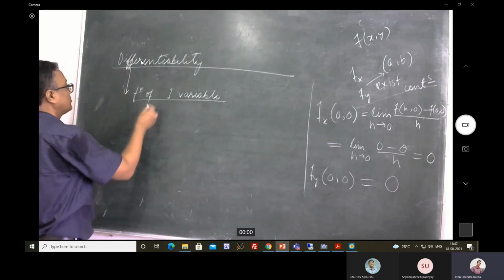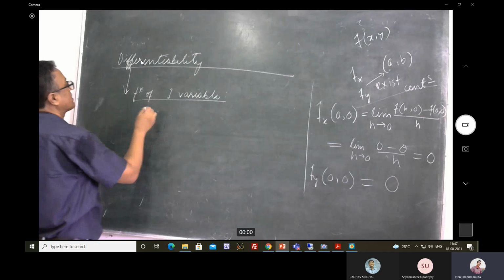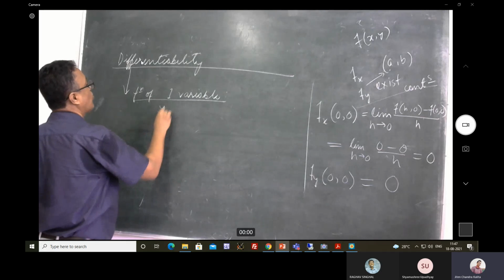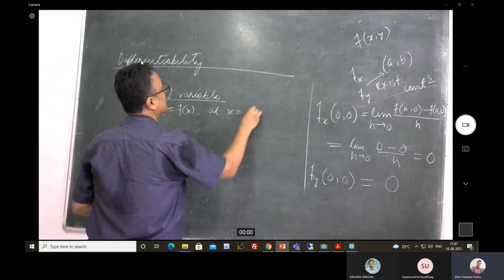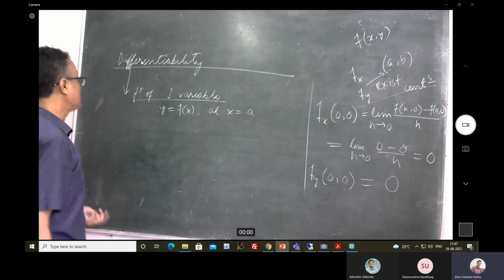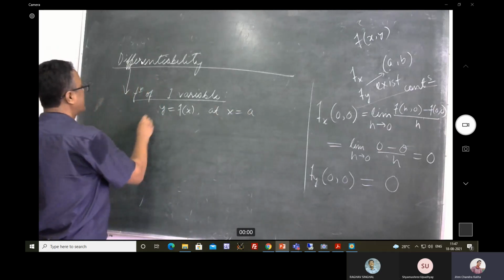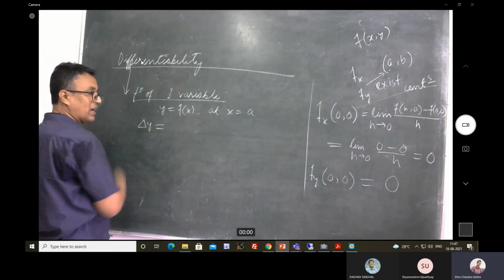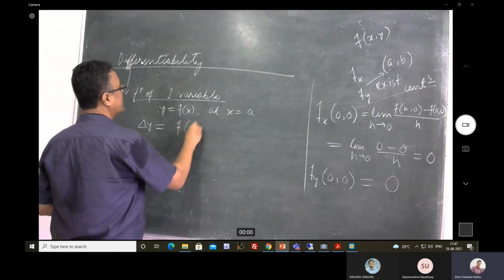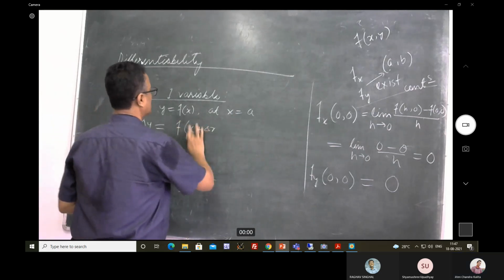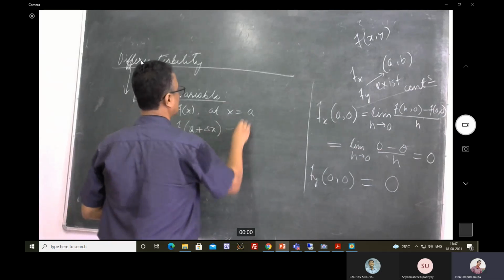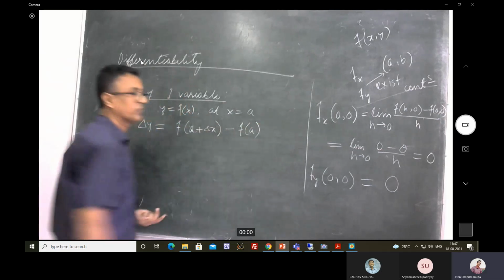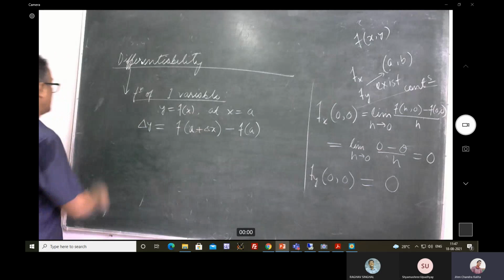If I want to consider differentiability of a function y equal to f of x at x equal to a, we defined delta y to be something like f(a plus delta x) minus f(a).